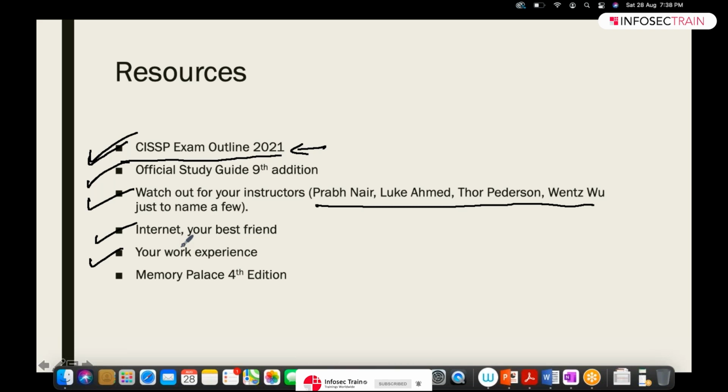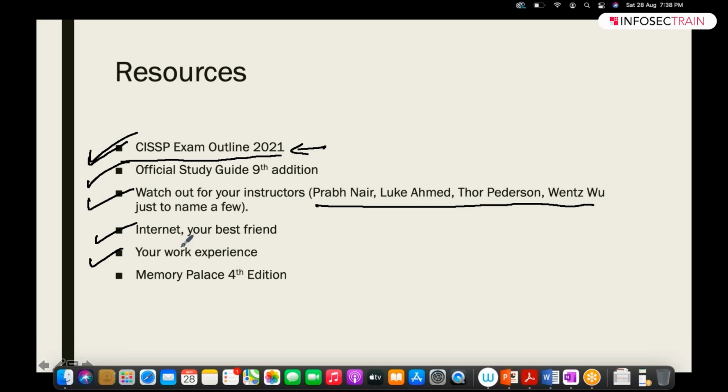Someone who has 10 plus years of experience might be more fortunate to work in 3 domains. To have experience in all 8 domains, I don't know, it might take eternity. I don't know if in one lifetime someone can gain experience in all of the domains. It's practically not possible, but I'm not saying it is totally non-achievable. Yes, people do it.